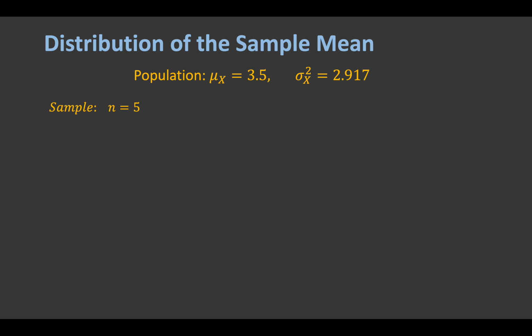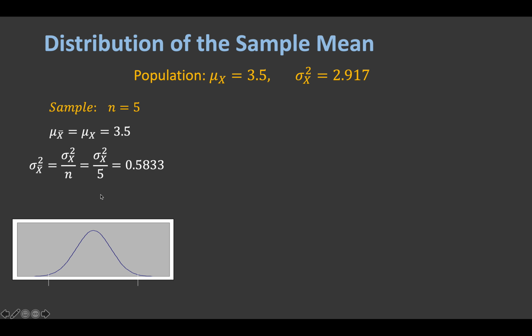If the sample size n equals 5, that is our result: mu equals 3.5, variance equals 0.5833, which is 2.917 divided by 5. And here's the distribution.